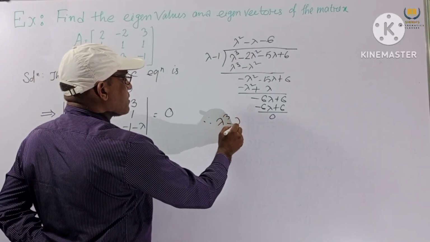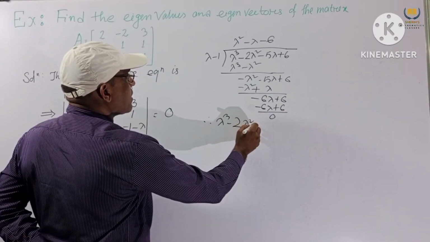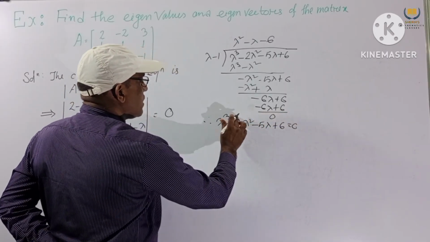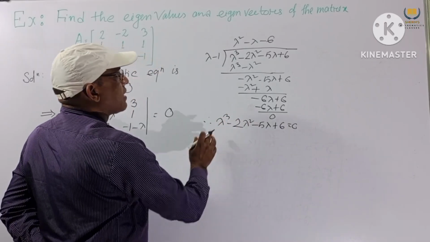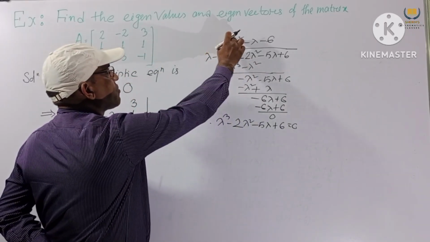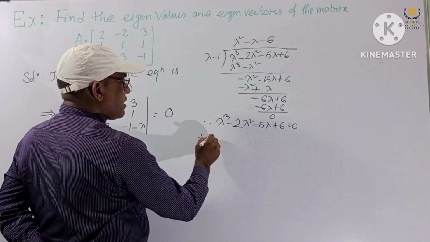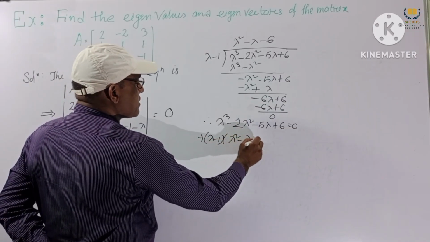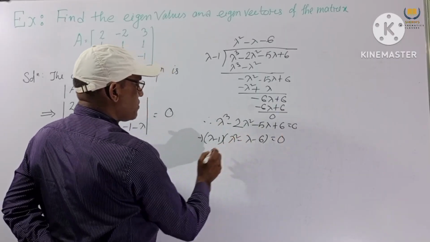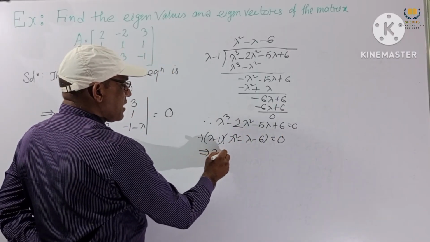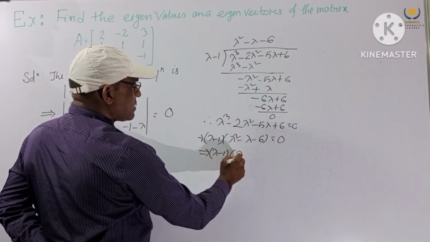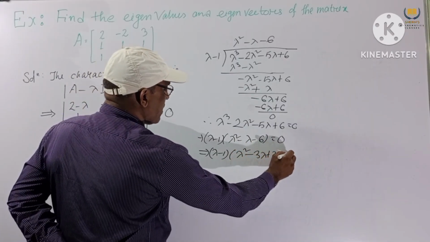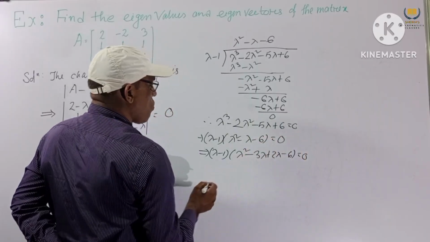Therefore, lambda cube minus 2 lambda square minus 5 lambda plus 6 equal to 0. This is our dividend. Dividend equals divisor into quotient plus remainder. So we can write lambda minus 1 times lambda square minus lambda minus 6 equal to 0. This implies lambda minus 1, lambda square minus 3 lambda plus 2 lambda minus 6 equal to 0.